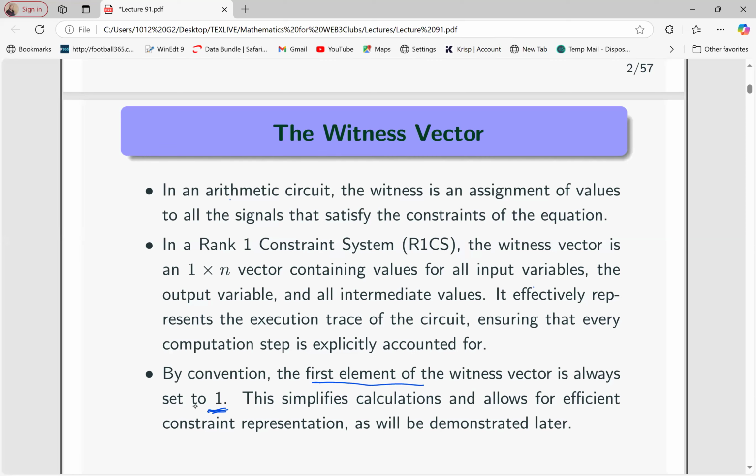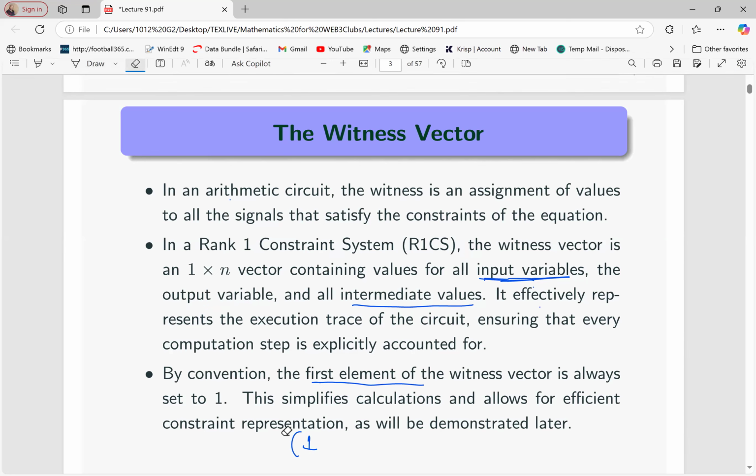So before you list the input variables, the output variables and the intermediate variables, you first have to mention one. Your vector would have one as the first entry of the witness, and after that you will list the output variables and the input variables, and then the intermediate values.